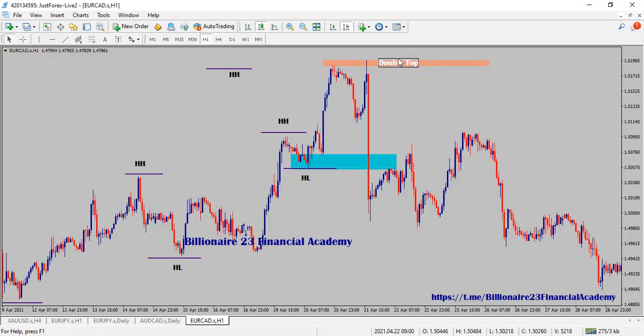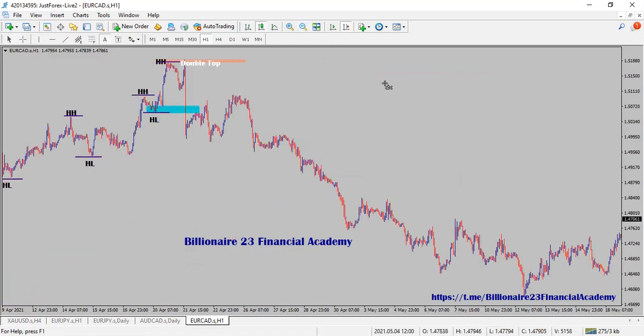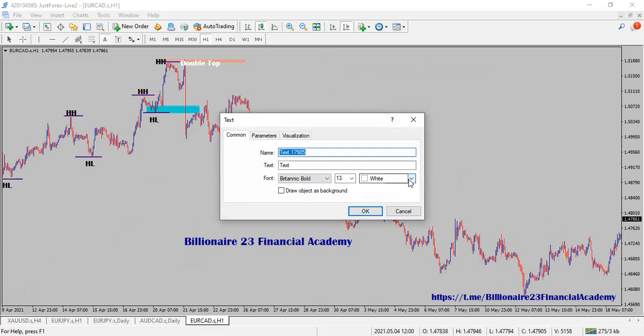This is still valid, still counts as the higher high. However, this market structure, or this formation, is known as a double top. What is a double top? It's an area in the market where price has touched twice around the same level. Let me just note that down.